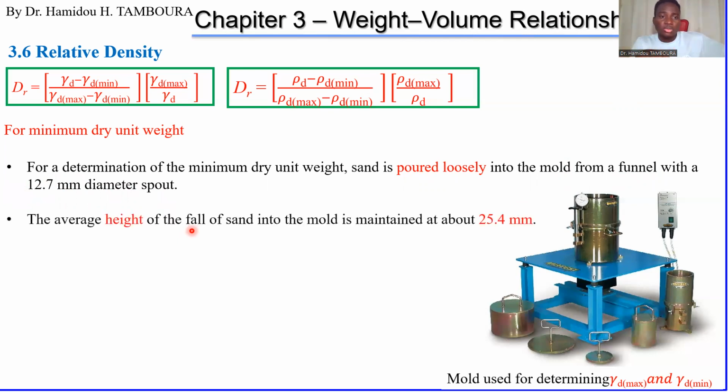Just pour the sand loosely, and the average height of the fall of the sand in the mold is about 25.4 millimeter. It means that you don't have to make it too high. Just the top of your mold is here.